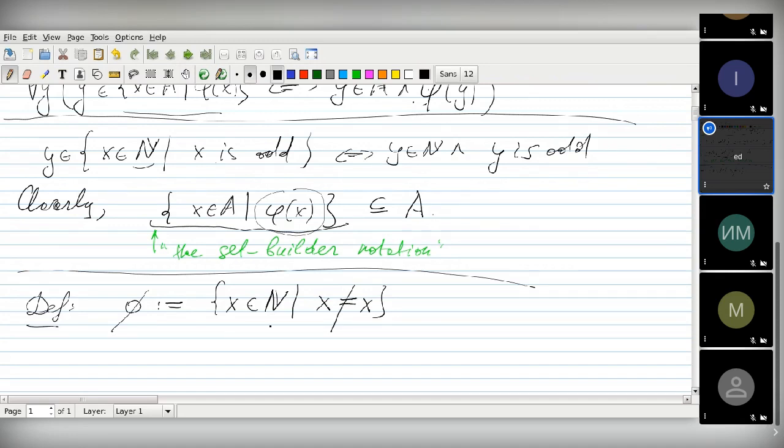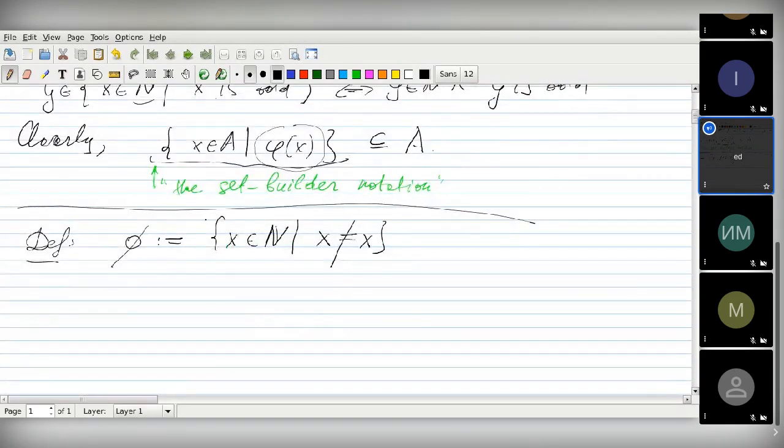What can you say about this set? Can it have any element? No. So there is no natural number which is not equal to itself.